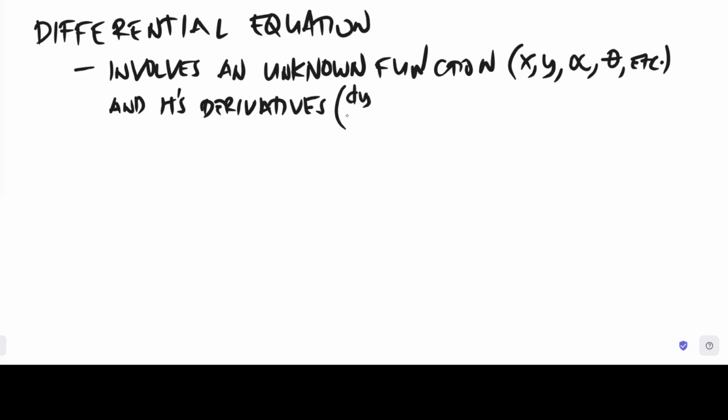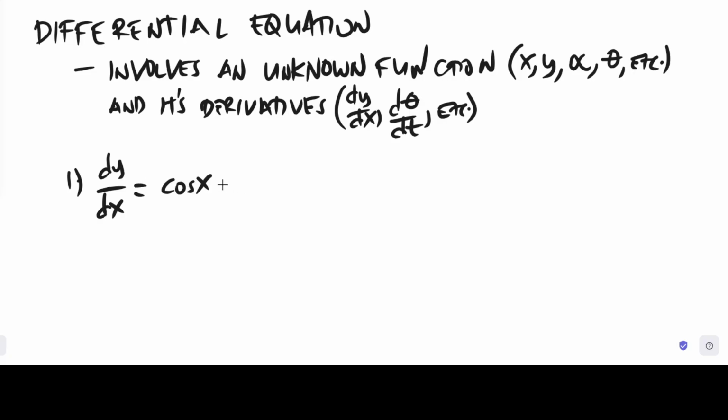Okay, so let's take note of some examples of differential equations. Example number 1, we have here dy over dx is equal to cosine of x minus sine of x.